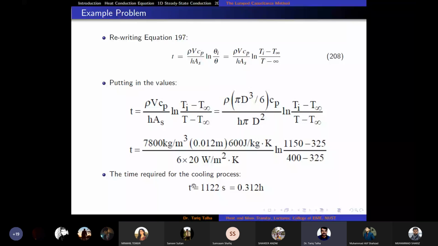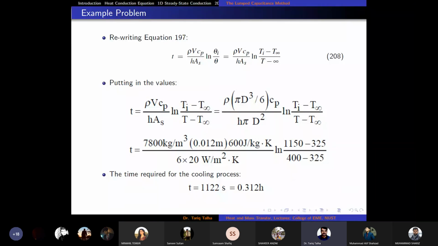So in hours, it would be 0.312, right? So I hope that this point is clear: 18.36 minutes. The answer would be in hours. So it means that it is quite acceptable to anneal this, because it is taking quite less time. 18 minutes is quite manageable.